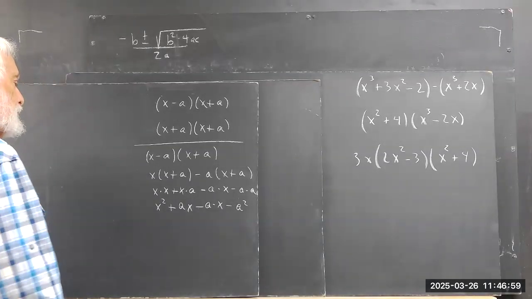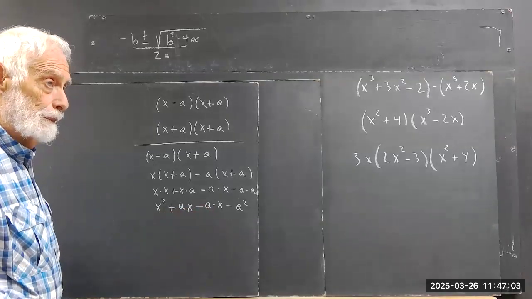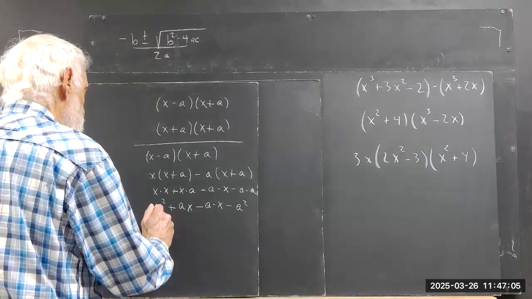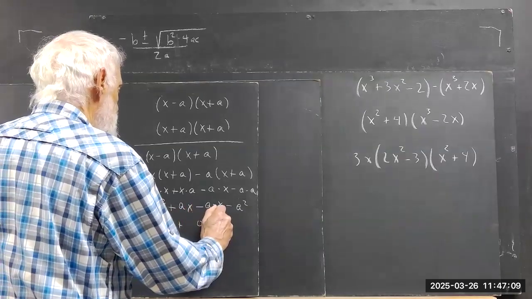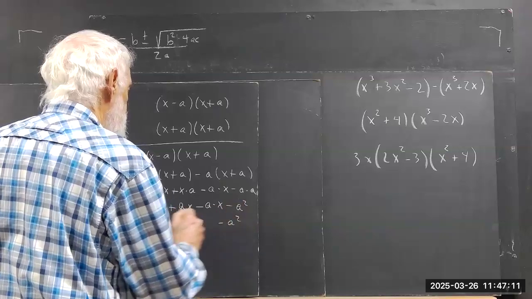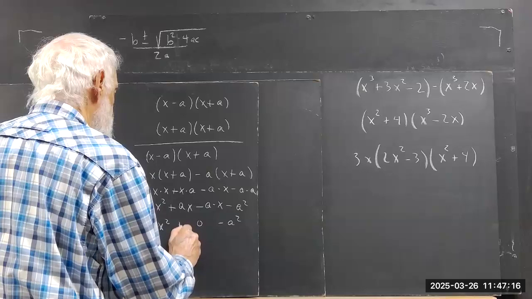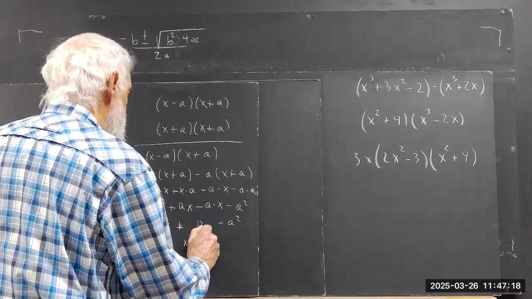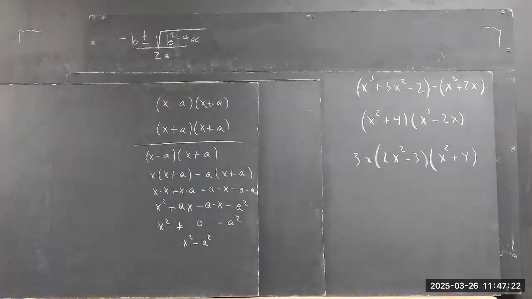Now we simplify, and it's pretty clear that ax minus ax is 0. So I get x squared plus 0 minus a squared, just x squared minus a squared.